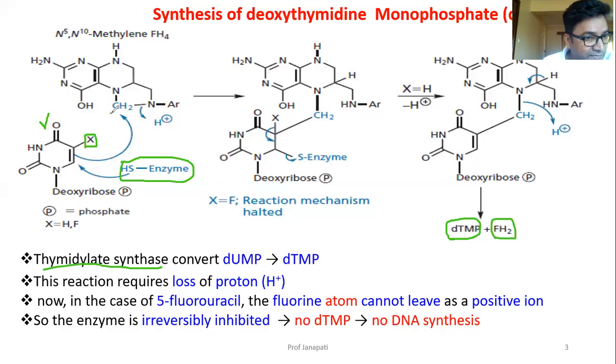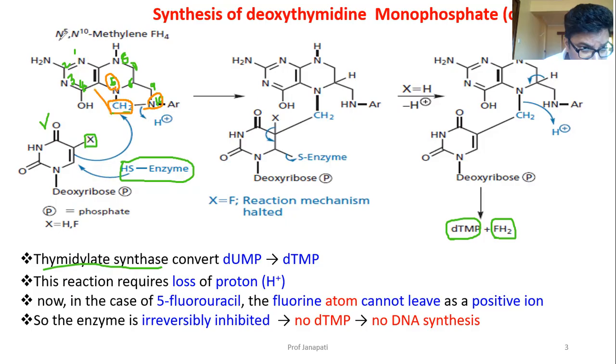methylene FH4. Methylene means this, and it is between the 5th position. This is 5th. So you can get the numbering again: 1, 2, 3, 4, 5, 6, 7, 8, 9, and 10th. So between the 5th and 10th nitrogen, there is a methylene group.